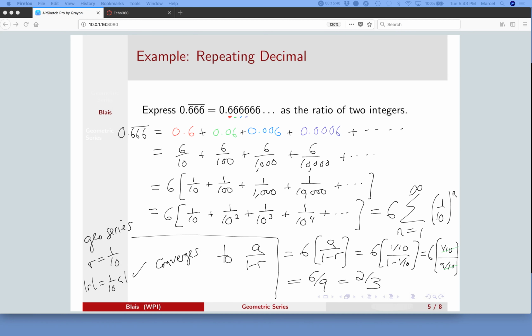And this is how you show any repeating decimal question. Any repeating decimal can be written as the ratio of two integers, and this is how you do it. This is how you use geometric series to show that.